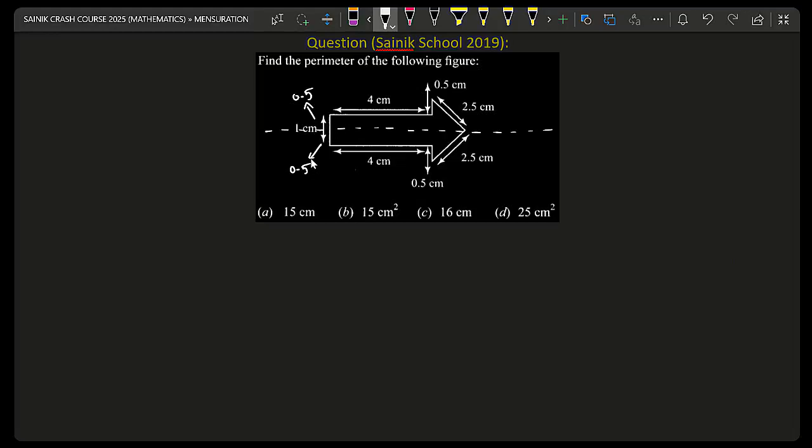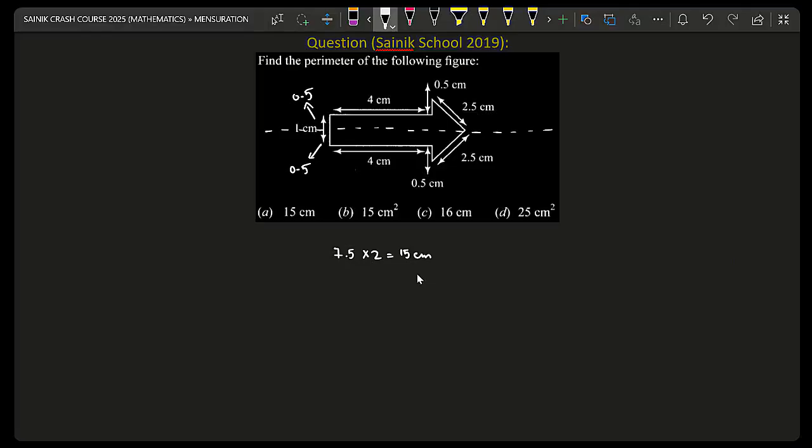So 4.5 plus 0.5 is equals to 5, sir. Sir, 5 plus 2.5 is equals to 7.5 into 2, 15 centimeters. That's very simple. So you got 7.5 is one part contributing to perimeter, and 7.5 into 2, you're going to get 15 centimeter.